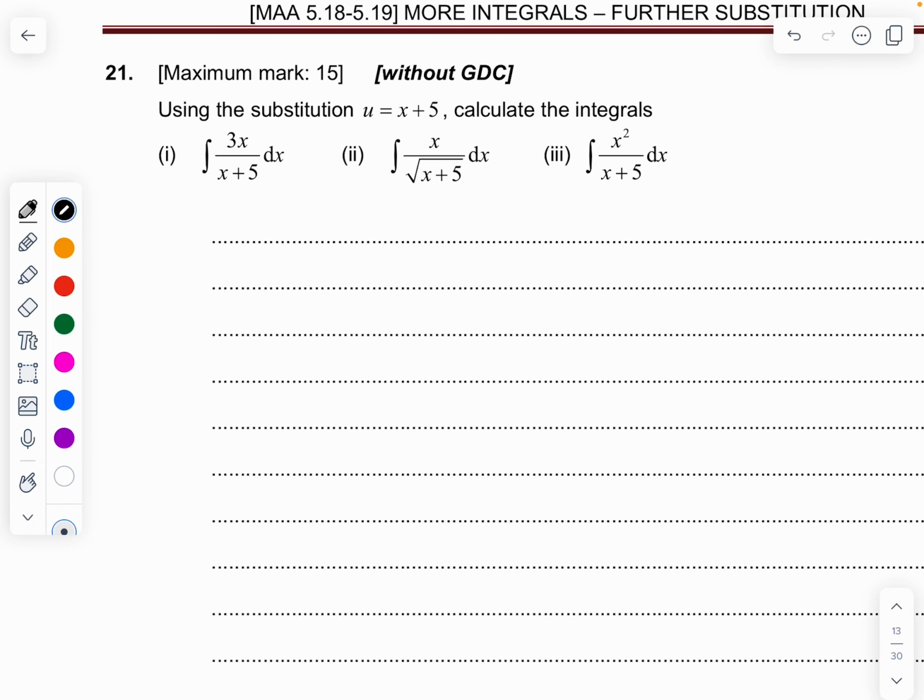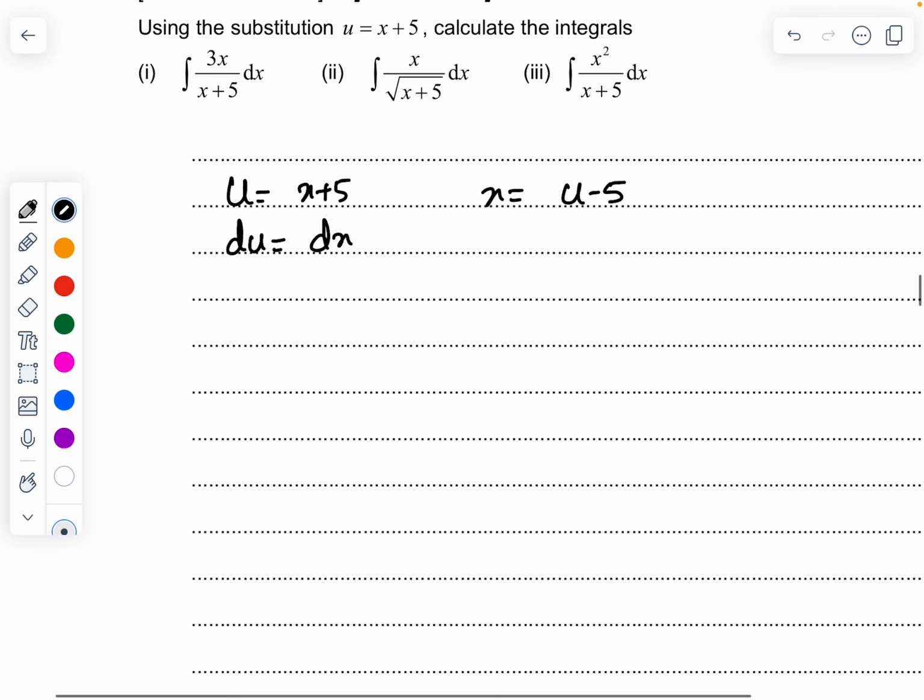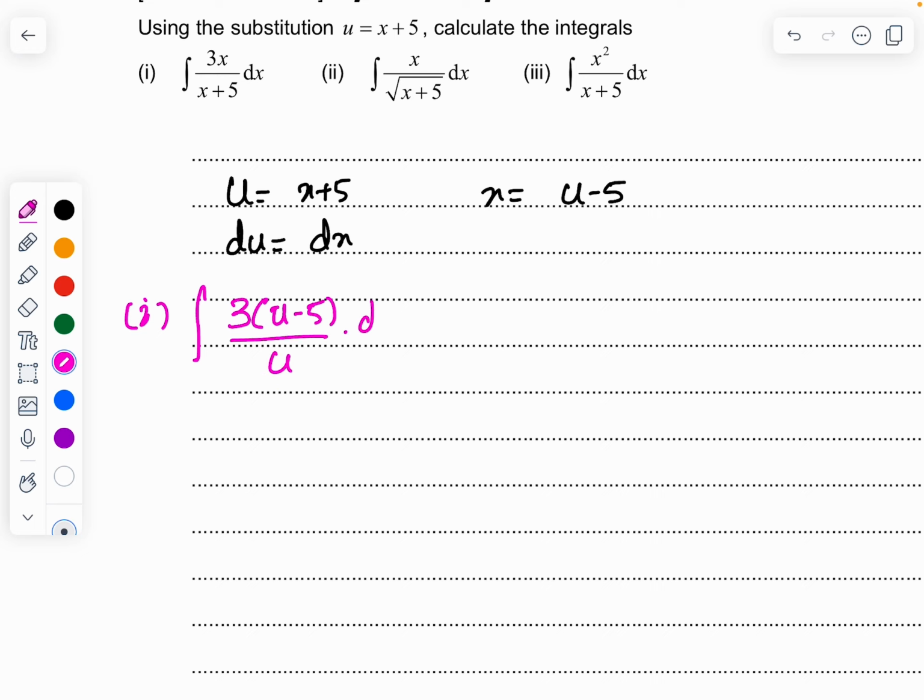Question number 21. Use the substitution u equals x plus 5. So u equals x plus 5, so du equals dx. And another is x equals u minus 5. For the first one, 3x upon x plus 5: x is u minus 5, divided by u, times dx is du.